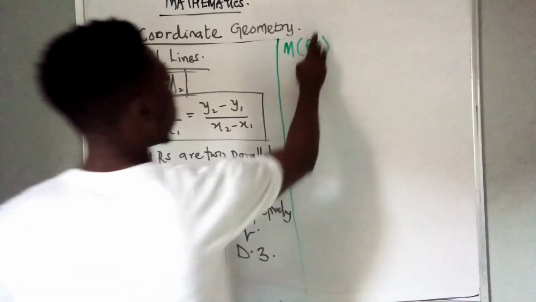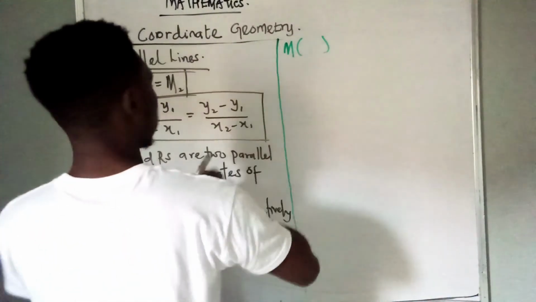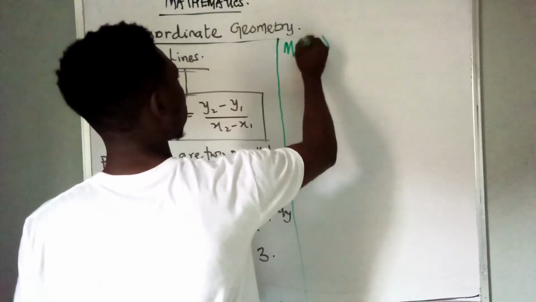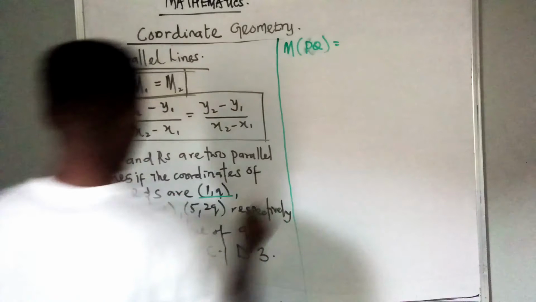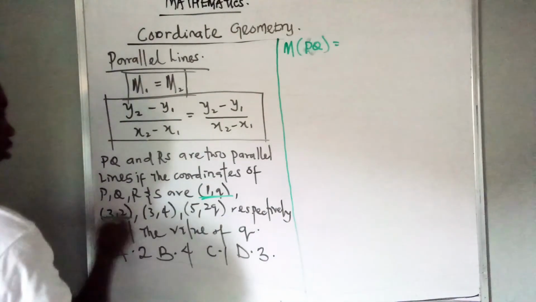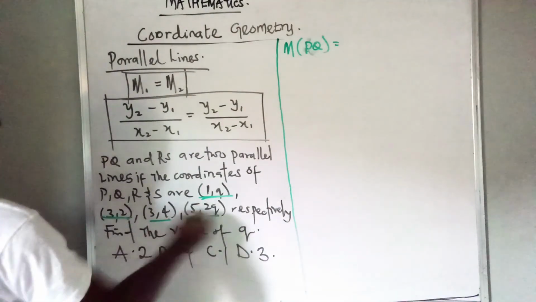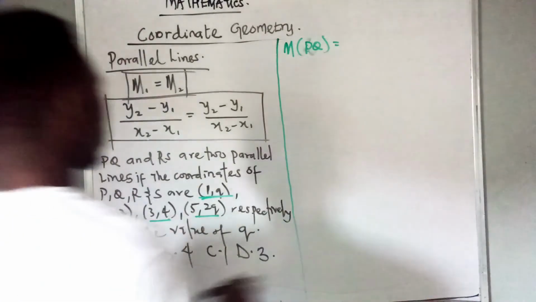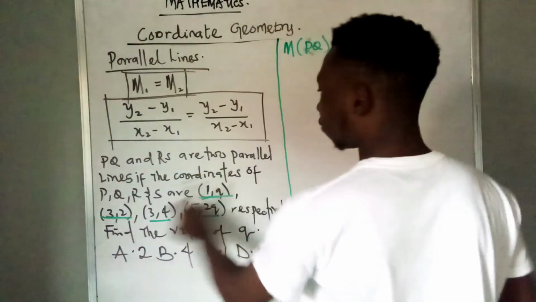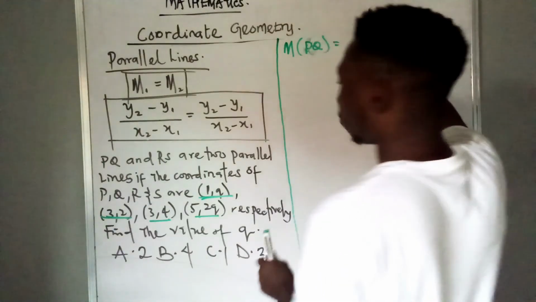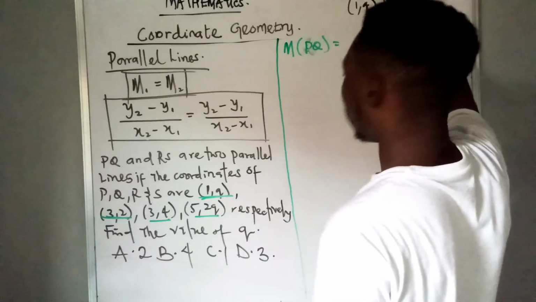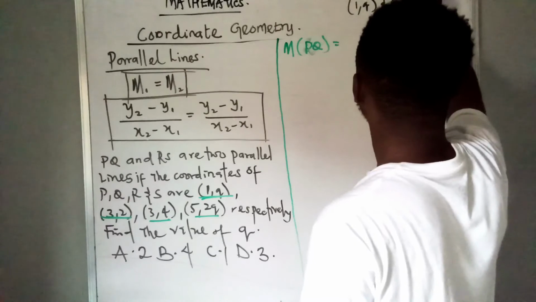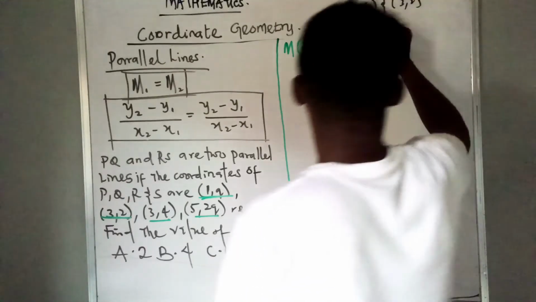Sorry, so let's find the coordinates of PQ. Coordinates of P and Q, not RS. So these are the coordinates of PQ, and these are the coordinates of R and S. So this one here, don't forget, for this first two, you have 1 comma q and 3 comma 2.